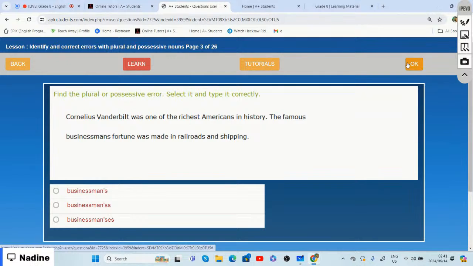All right, we said Cornelius Vanderbilt. It says the famous businessman's fortune, which means that it is his fortune. And if we want to make mention of the fact that it is his fortune, then we need to say businessman's, which is an apostrophe and an S.